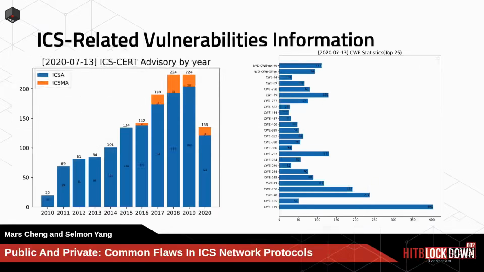Before we talk about this, let me review how serious ICS threats are. These are two pictures, an advisory from ICS-CERT on the left side. ICS-CERT is a national agency owned by the United States government, which focuses on ICS security issues.